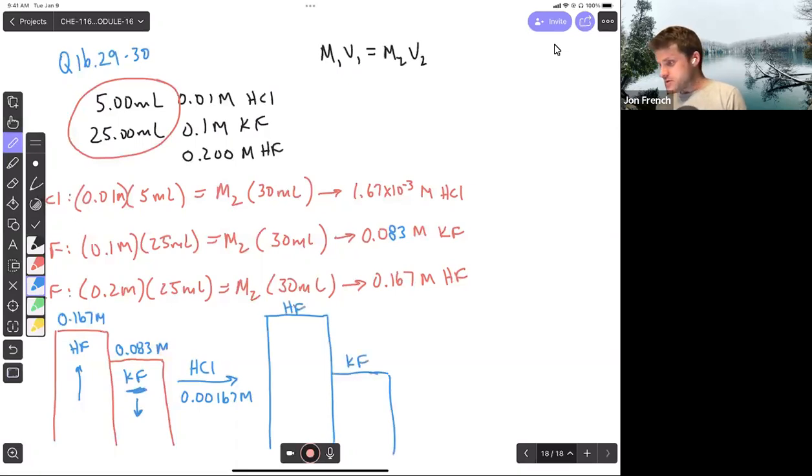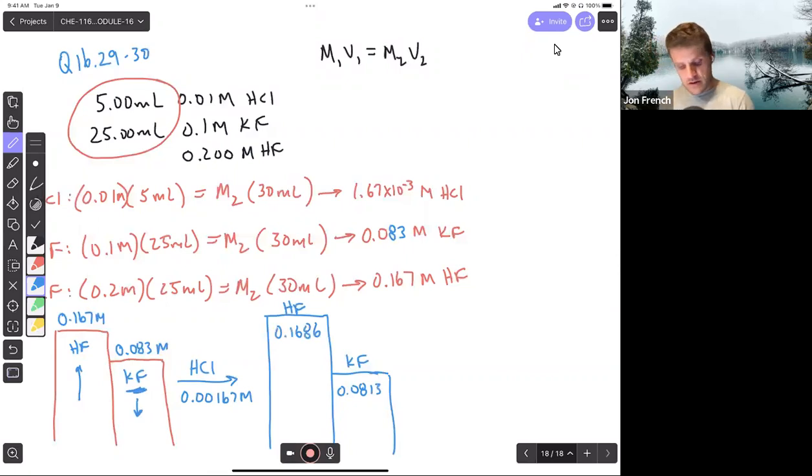So my new concentration here becomes, not a whole lot different, 0.0813, and then my concentration 0.167 plus 0.00167, not a whole lot different, pretty much 0.1686.